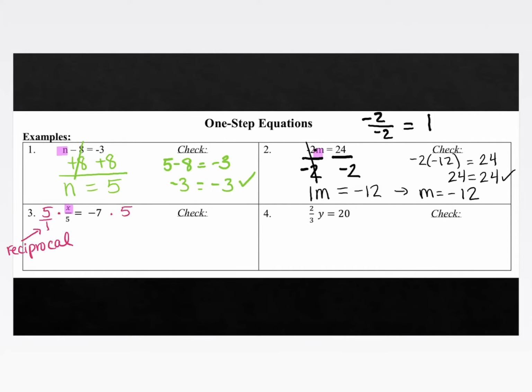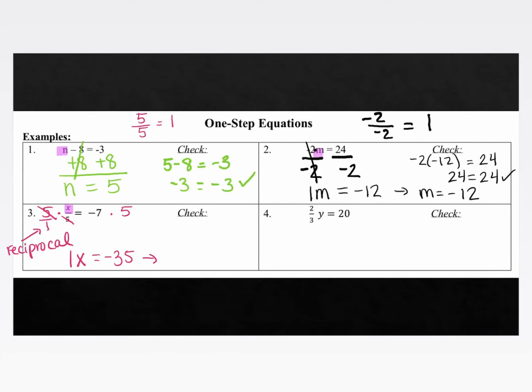Here we have a 5 in the numerator and a 5 in the denominator. 5 divided by 5 simplifies to 1, so they cancel and we're just left with 1 times x. On the right-hand side, we have negative 7 times 5, which gives us negative 35.